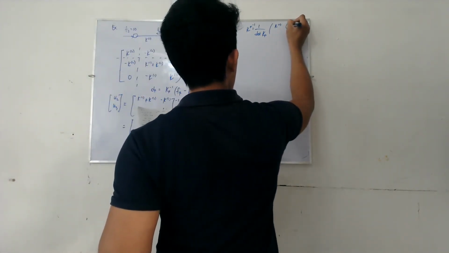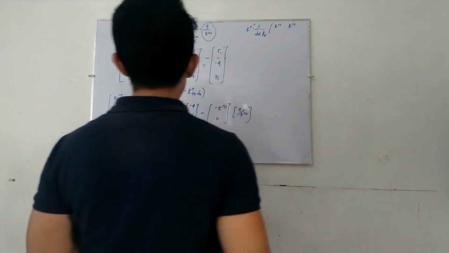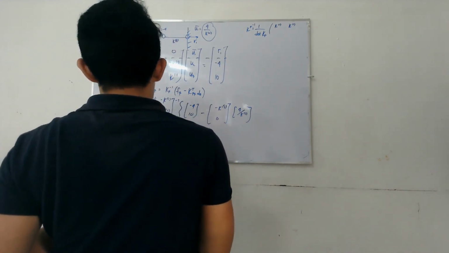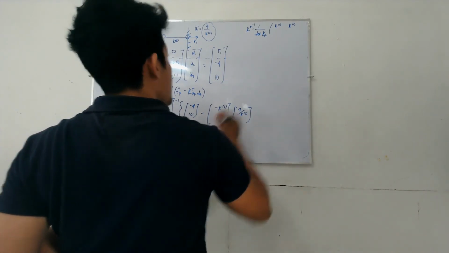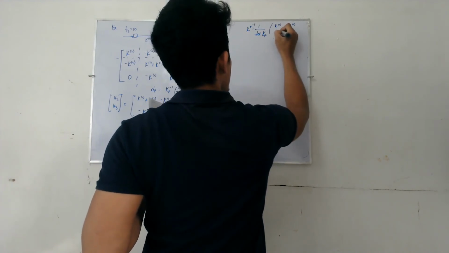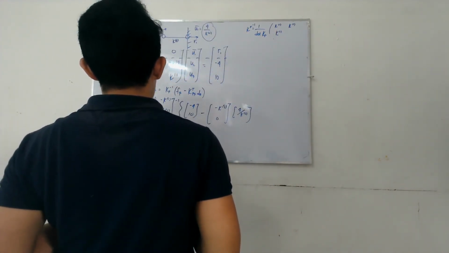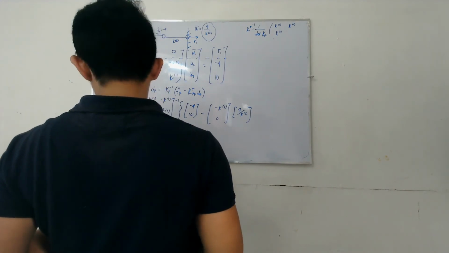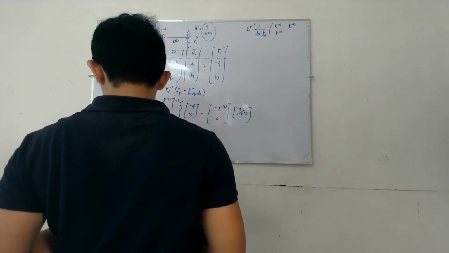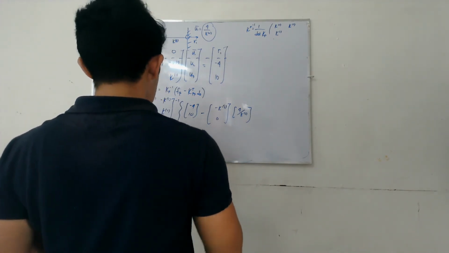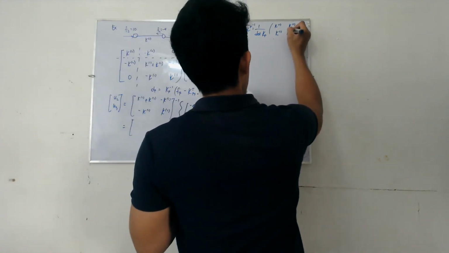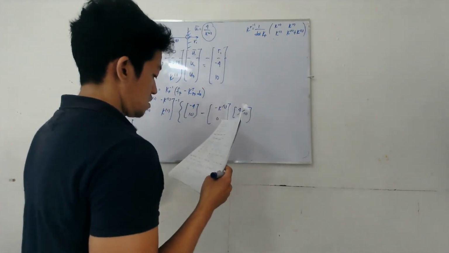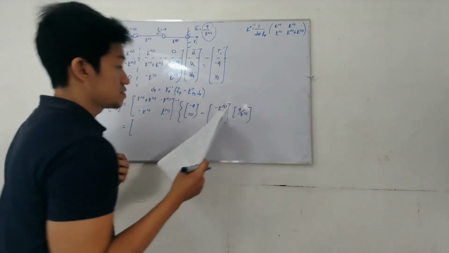So K1, negative A21, K1, A11. Kani, K1 plus K2. Okay.